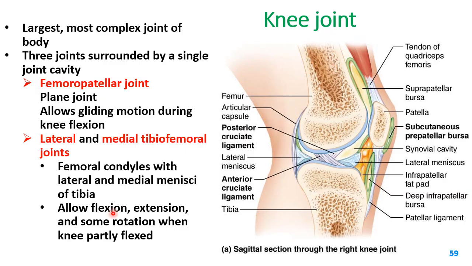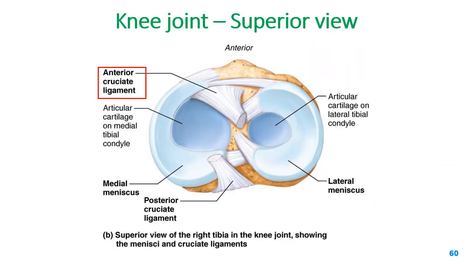Let's see what type of movements you have. You can do flexion and extension, same thing as with your arm. When you look at the knee joint, you're going to find a lot of ligaments. A ligament is bone to bone, right? So you need ligaments to stabilize that joint.